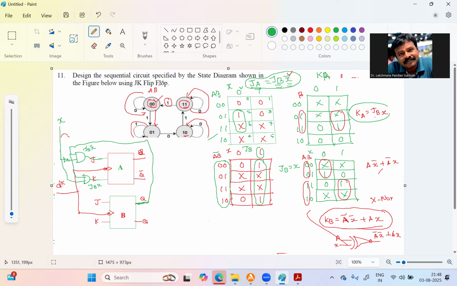So this is the case JB and X. Right? Next, here JB equal to X. So X is connected with JB.